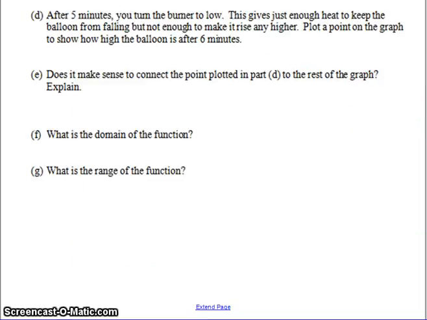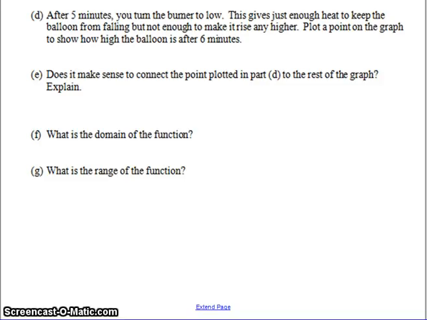Letter D. After 5 minutes, you turn the burner to low. This gives you enough heat to keep the balloon from falling, but not enough to make it rise any higher. Plot a point on the graph to show how high the balloon is after 6 minutes.